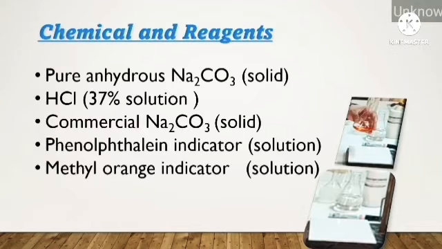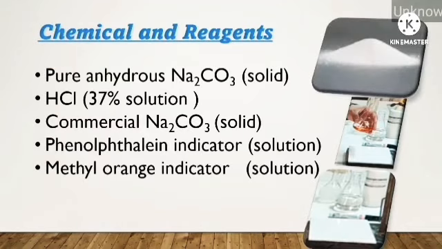Now, these are the chemicals and reagents used in this analysis: pure anhydrous sodium carbonate in solid state, HCl 37% solution, commercial sodium carbonate in solid state, phenolphthalein indicator solution, and methyl orange solution used as an indicator.